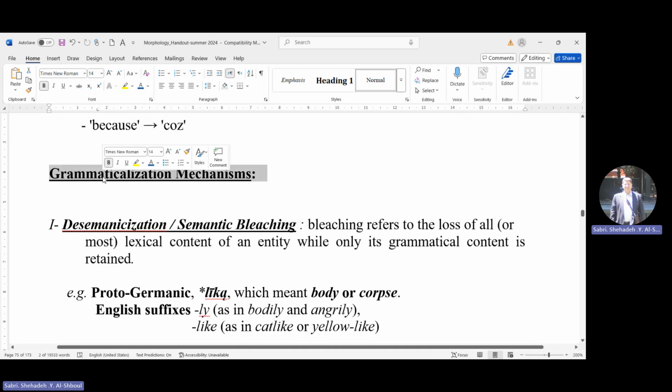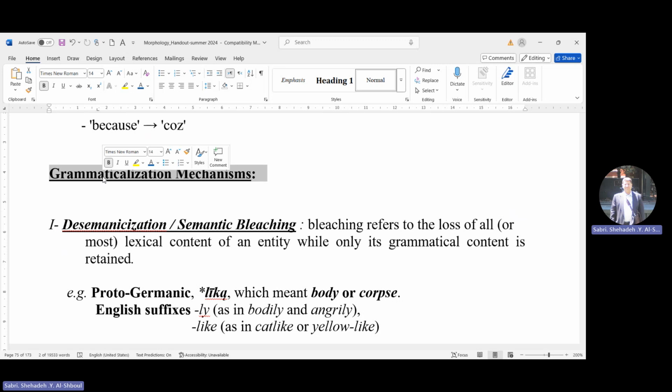So in order to make a good diagnosis for the grammaticalization that takes place on a verb like go, for example, we should bear in mind that there are certain mechanisms, certain processes that target such a form like this.